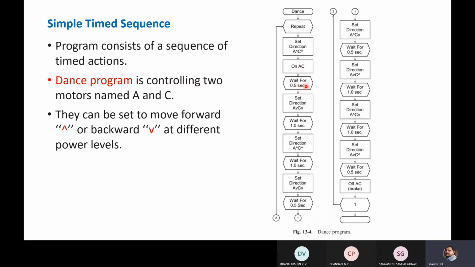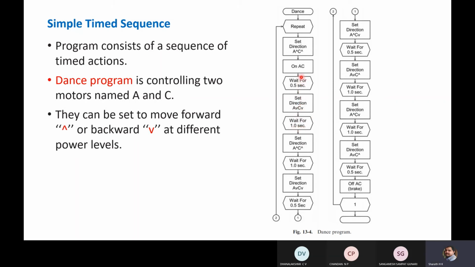Next, wait for 0.5 seconds means that for 0.5 seconds both A and C are switched on and set in forward direction. That means the robot will move forward for 0.5 seconds. Next, after 0.5 seconds, set the direction of both A and C backward and wait for 1 second.